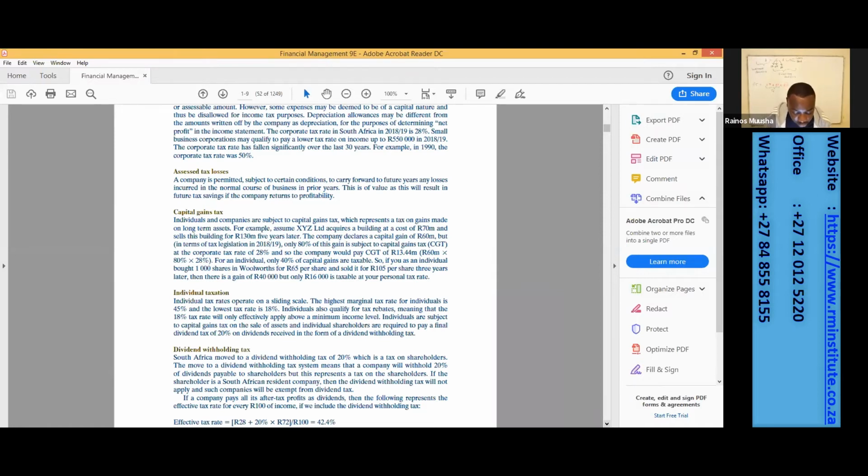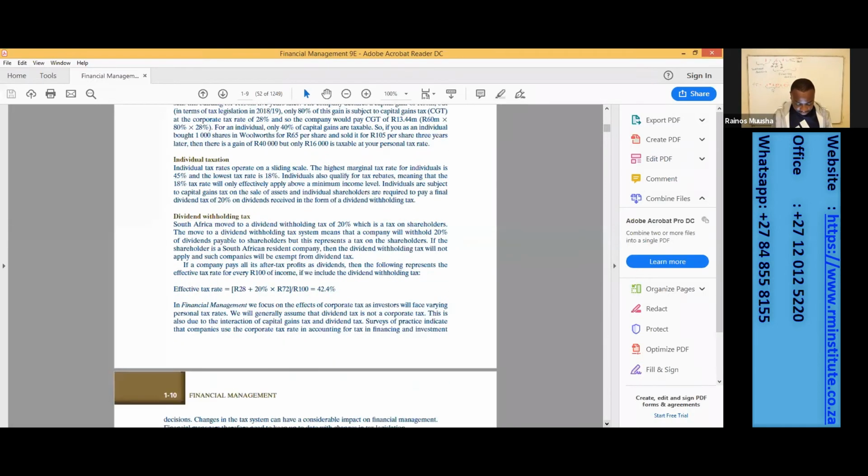So if the assets are sold at a value which is more than the cost of the asset, the difference between the cost of the asset and the price at which the asset is sold becomes your capital gain, and it's going to be taxed accordingly as well. So you always have to make sure that the issue of capital gains taxation is also coming in as relevant.